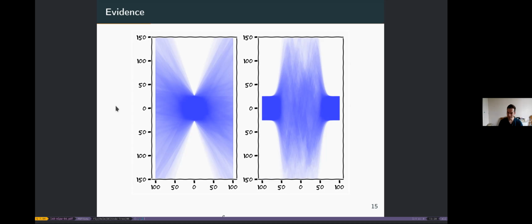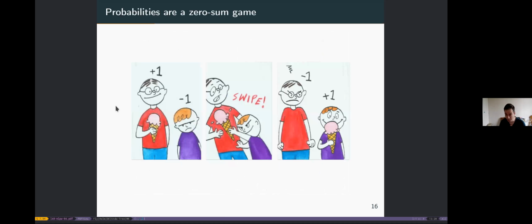But because a probability has to sum to 1, if you place a lot of probability mass somewhere, you have to place less probability mass somewhere else. This means that probability is effectively a zero-sum game. So if a model is good because it places a lot of probability mass on some data, that implies directly it has to be bad at something else.